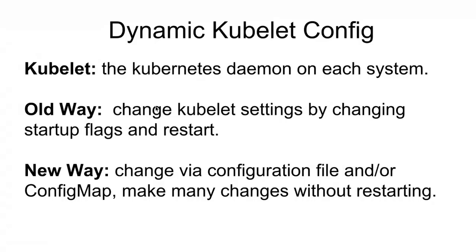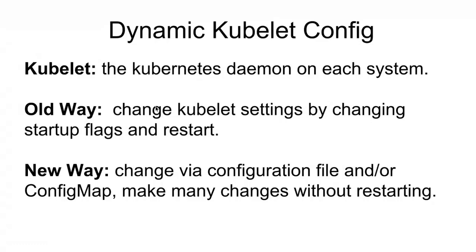Second issue is that on a lot of Linux systems, that means that you are then modifying the systemd configuration file for the kubelet, which is a kind of irritating thing to do from a configuration management standpoint. And so that's been changed. So now what's happening in kubelets with something called dynamic kubelet config, which has two tremendous advantages.